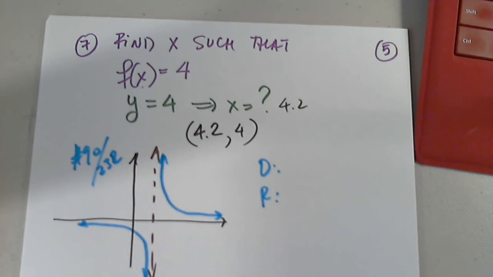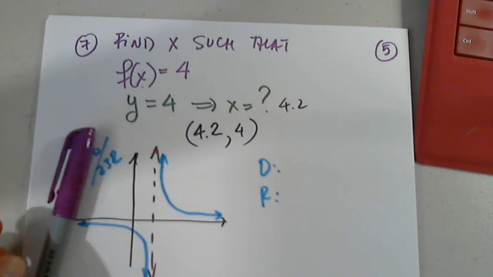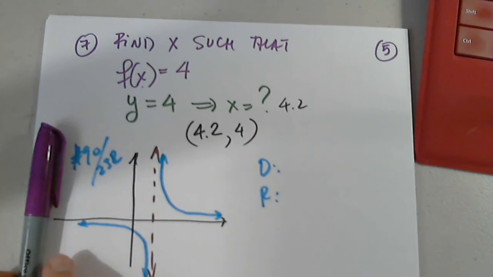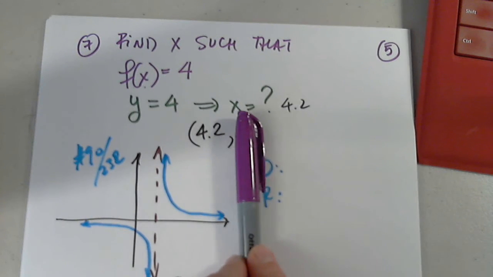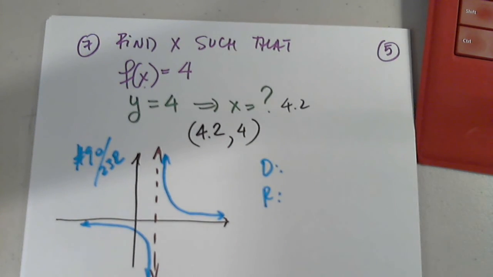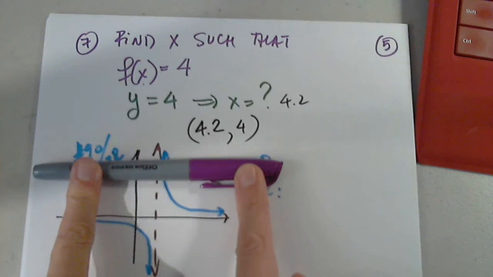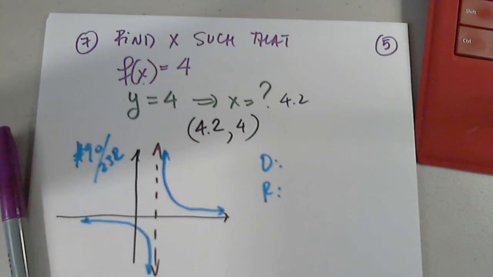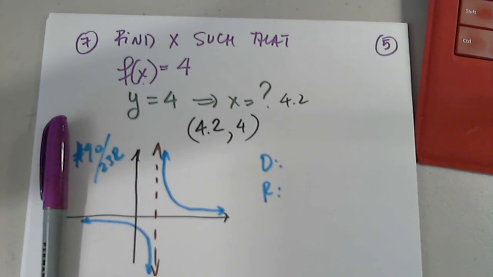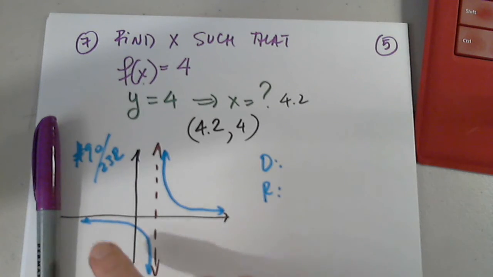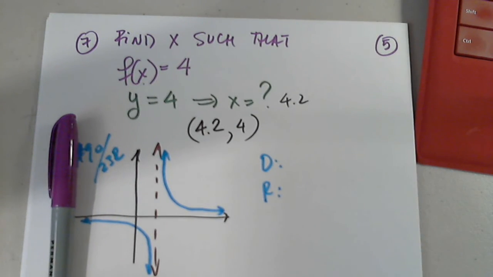Can anyone give it a stab at the domain and range? For the domain, we sweep from left to right. For the range, we sweep from low to high. So let's sweep from left to right. Is the function here? Does it exist? The arrows say so.